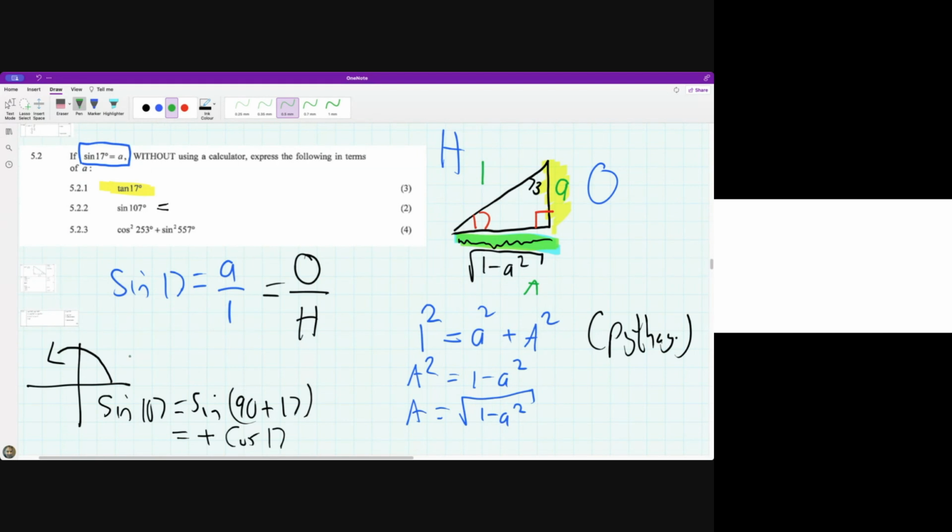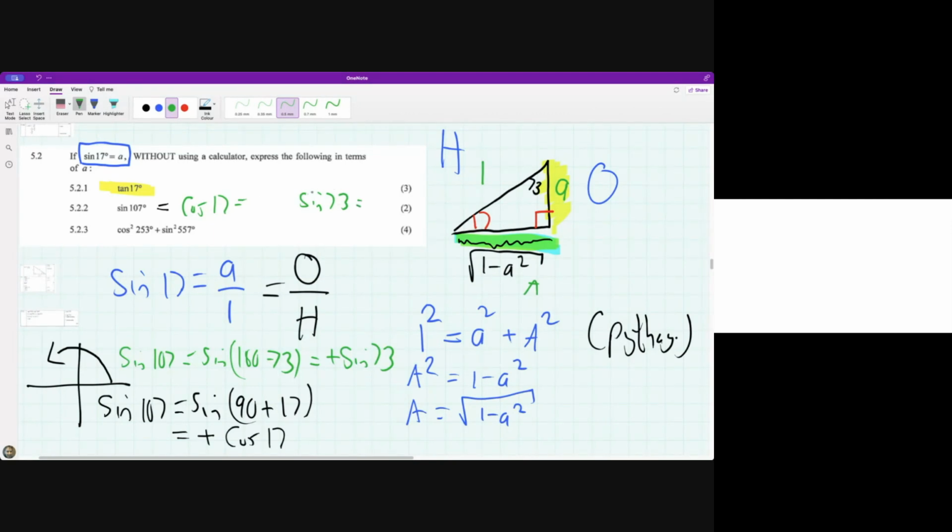Or you could say the sine of 107 is the same as the sine of 180 minus 73. And in that quadrant, it's positive, so it's positive sine 73. Either of those are fine. So you can either evaluate cos 17 or you can evaluate the sine of 73.